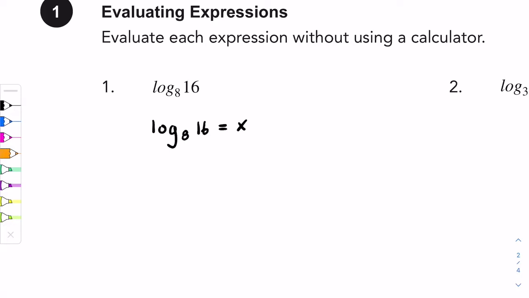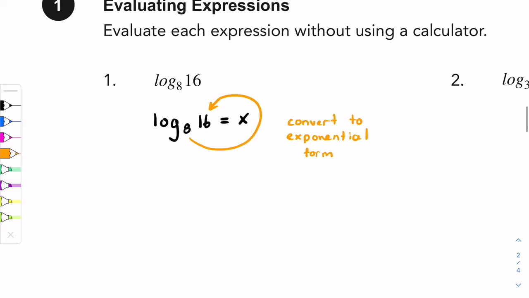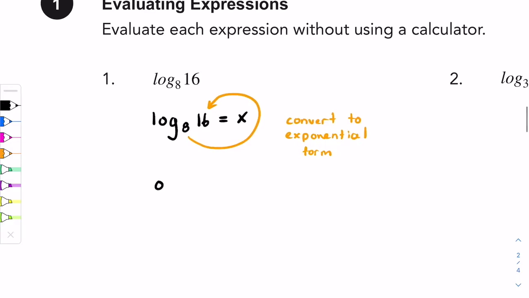The first step is to convert to exponential form. When we convert to exponential form, we have 8 raised to the power of x is equal to 16. When you convert to exponential form, you're going to have to create common bases.